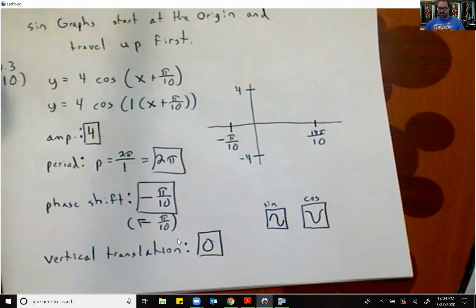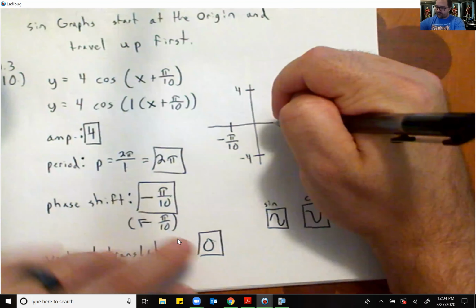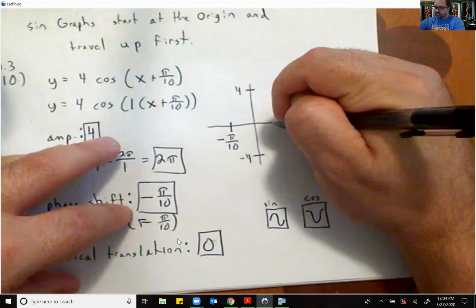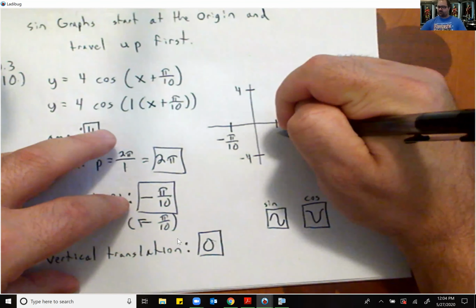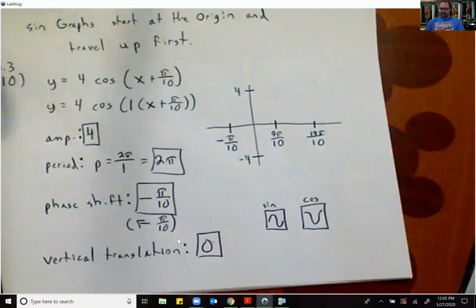Doing a little bit more calculations to help me graph some things here. The middle of my graph will happen at 9 pi over 10. Just bear with me, doing a little bit of math.